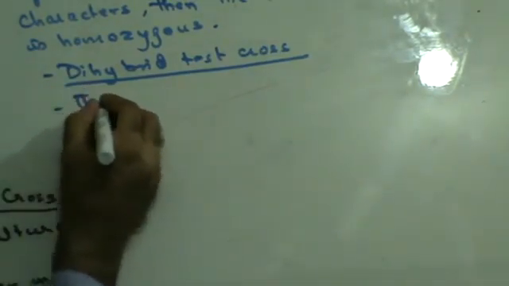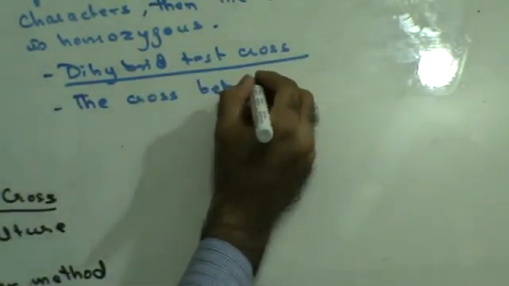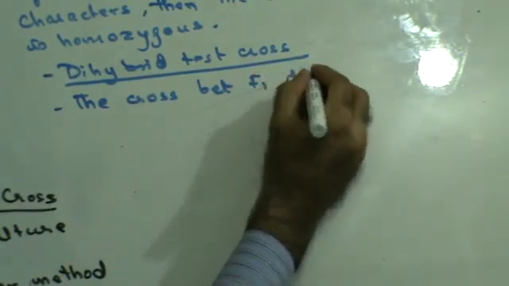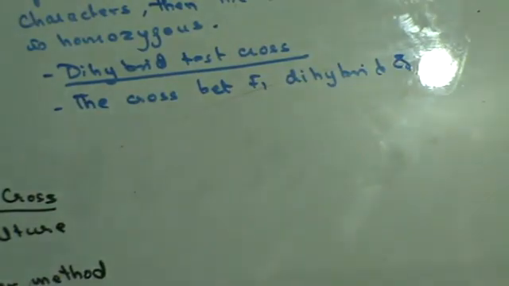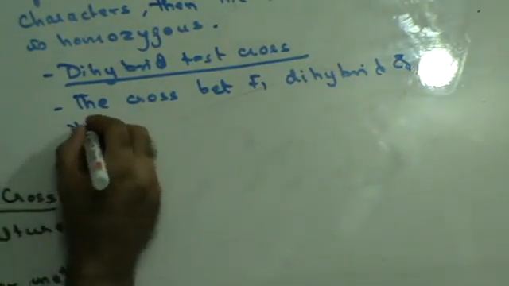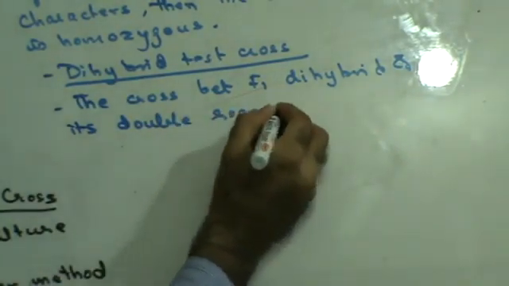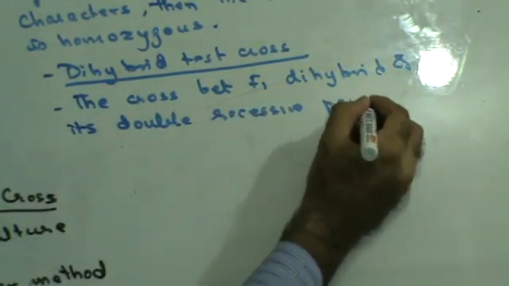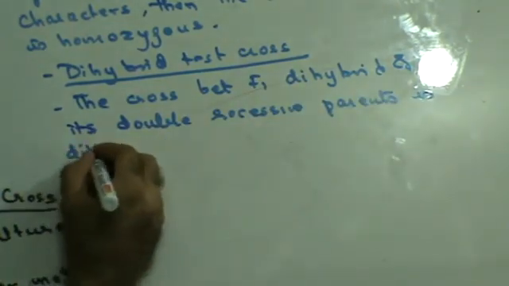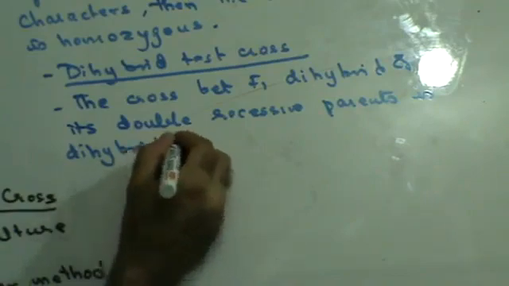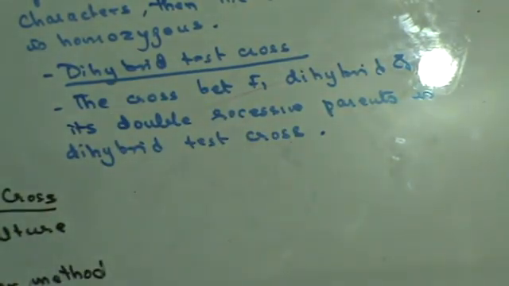The cross between the F1 dihybrid and its double recessive parent is a dihybrid test cross. Fine, do we get this?